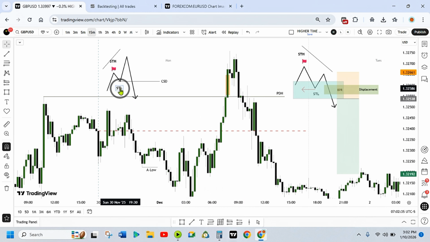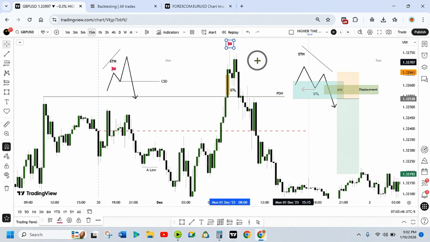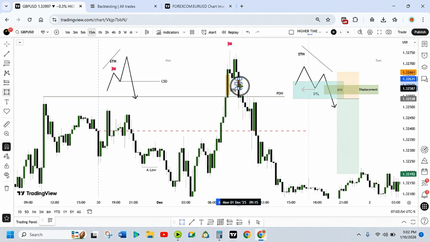That was traded by this short-term low, but this short-term low failed to go above this short-term high, and instead price broke the short-term low quickly and gave another fair value gap that presents displacement.